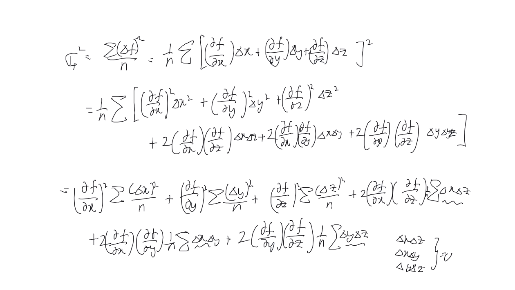So those are 0, and then if you look here, that is the deviation of x. This is the standard deviation of, no, the variance of x. The variance of y. This one is the variance of z.